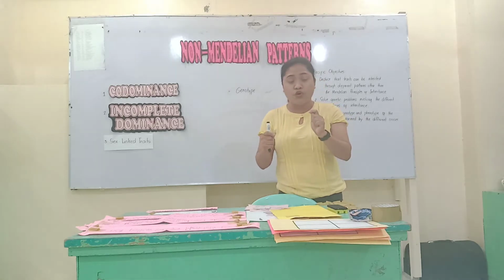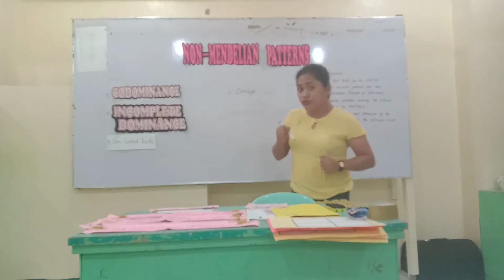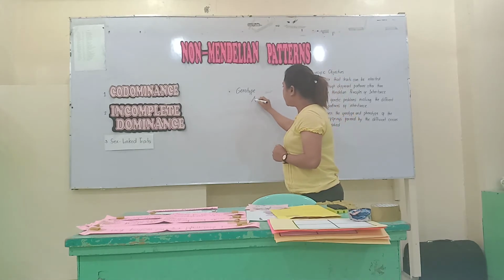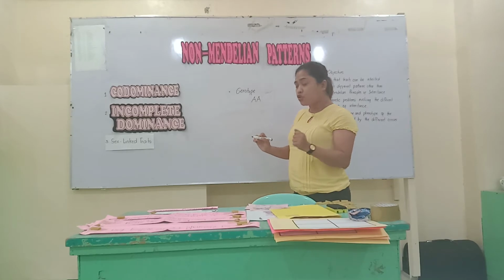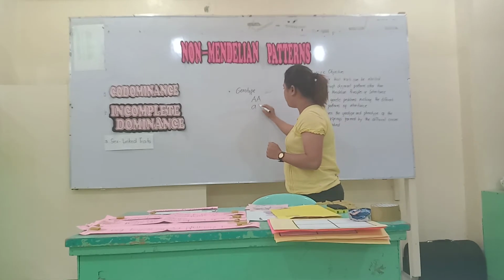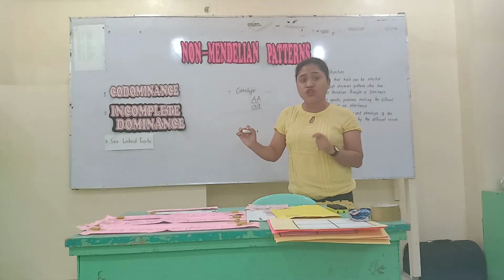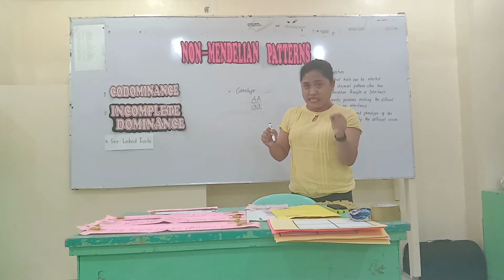For example, genotype, if you have letters involved, like big letter A or small letter a. A set of heritable genes, or genes that can be passed down from parents to offsprings.